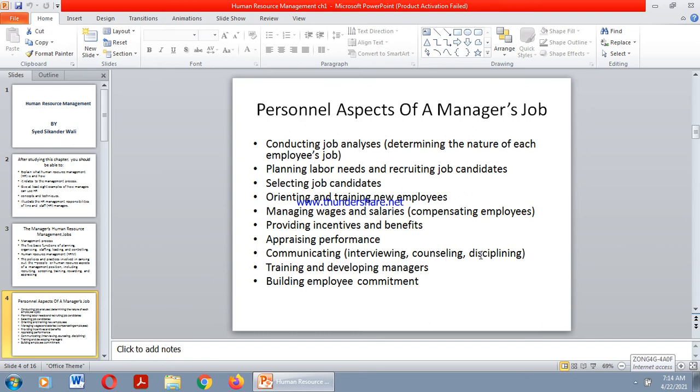Managing wages and salaries, providing incentives and benefits, appraising performance, communicating, interviewing, counseling, disciplining, training, developing managers, building employee commitments. These are the different aspects of a human resource, HR manager.